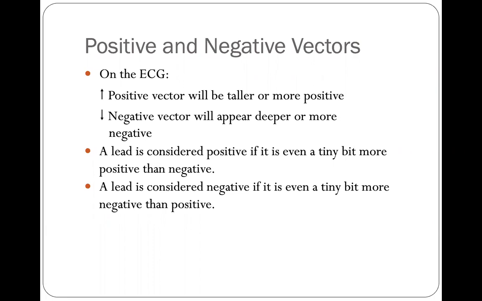So when you're looking at the R wave and the S wave, if the R wave is slightly larger than the S wave, then it's a positive lead. If the S wave is slightly larger than the R wave, then we would call it a negative lead. And we only say positive or negative. It's simply based on which is larger, the R wave or the S wave.